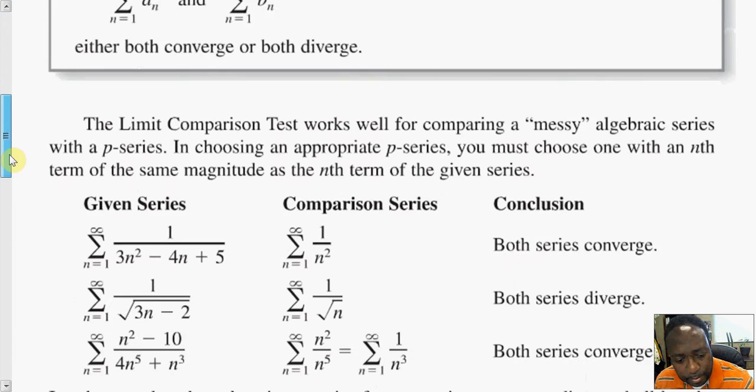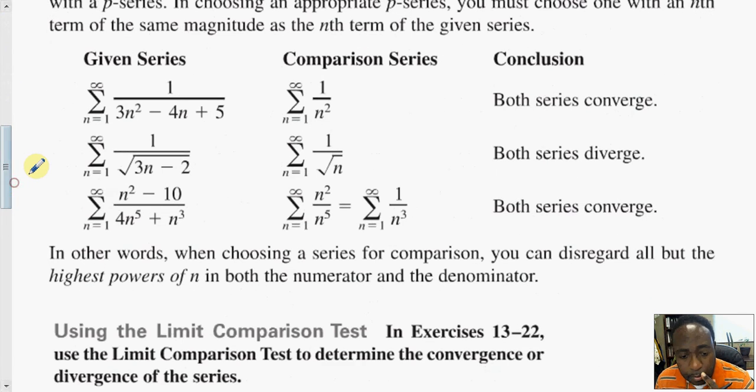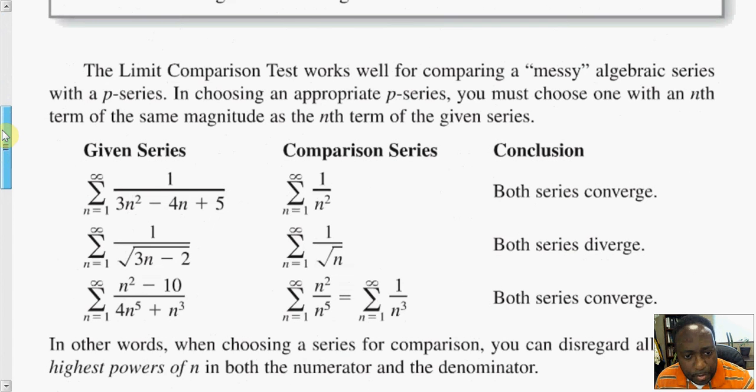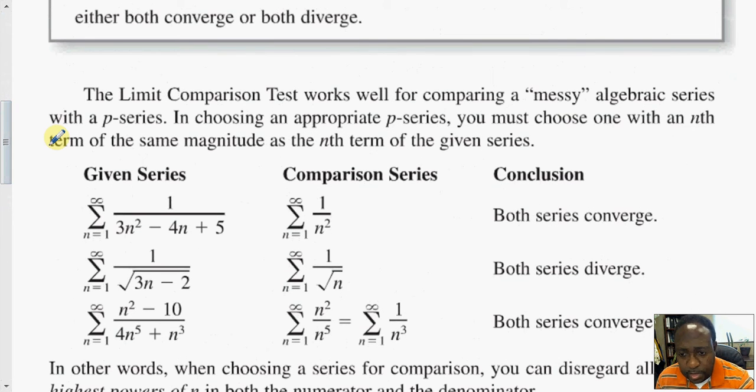Well, let's see. Oh, I thought a pretty neat statement here is that the limit comparison test works really good for messy series. Given the series here, there's a lot of stuff going on.